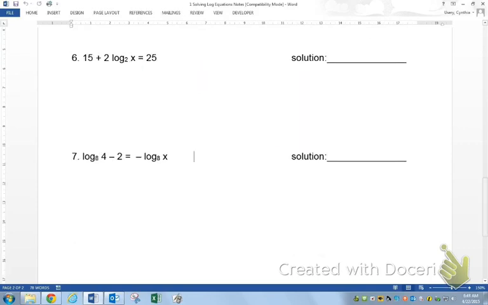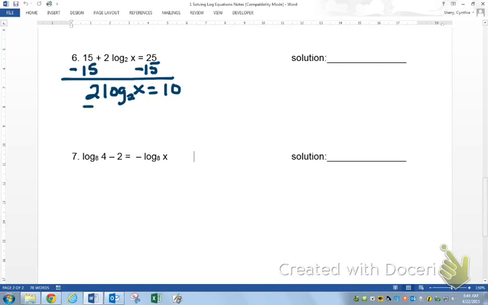All right, number 6, 15 plus 2 log base 2 of x equals 25. This is the first one where the log is not by itself to begin with. So we need to get that log by itself. So the first thing I'm going to do is subtract 15 from both sides, and I am going to get 2 log base 2 of x equals 10. All right, my log is still not by itself because there's that 2 in front of it.